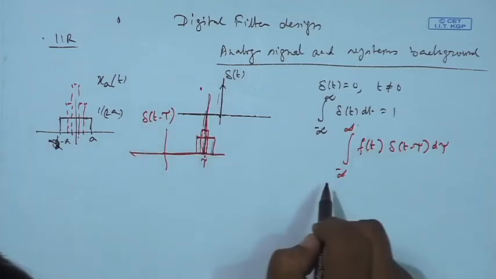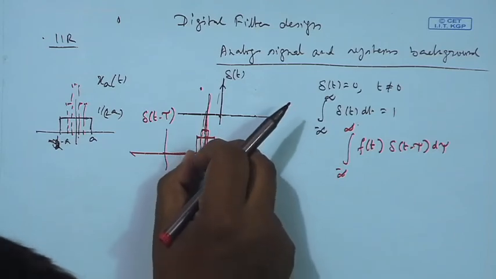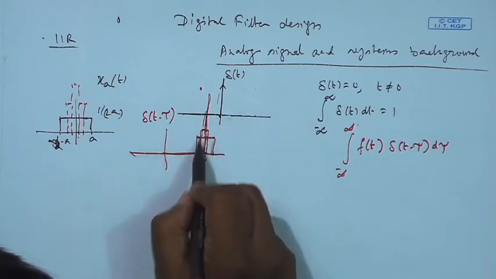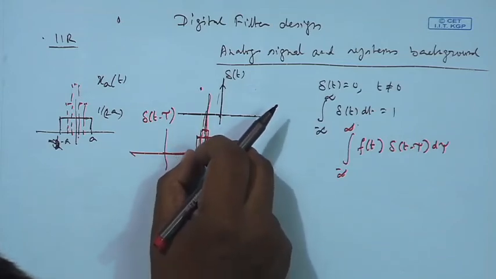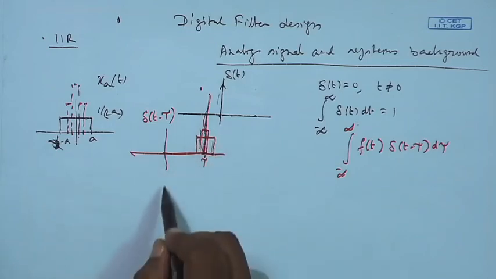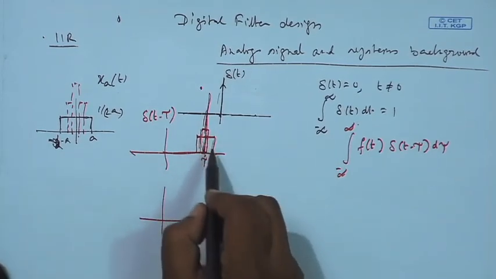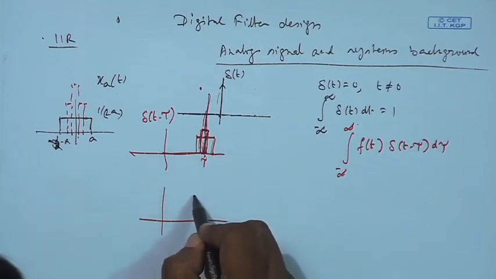Delta t minus tau into f t means, first suppose I have not squeezed it fully to 0. So, f t is multiplied by one of these functions, and then as you squeeze it, what happens? Say I have a situation like this, and I multiply it by f t.